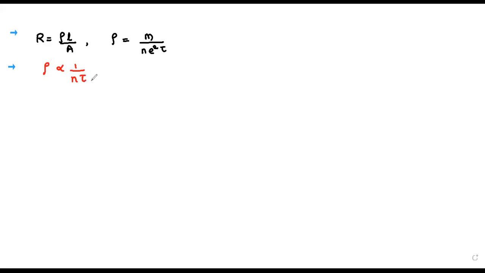But N is different for different materials, since the number of electrons per unit volume differs. If the material is changed, resistivity is changed.